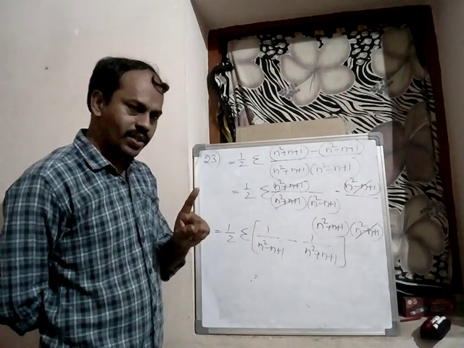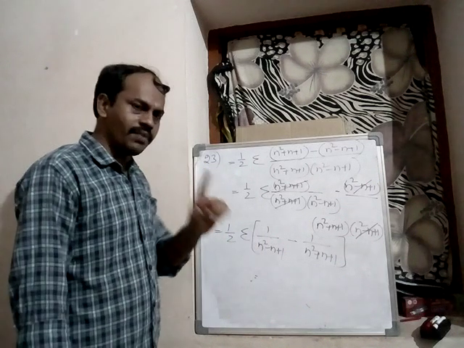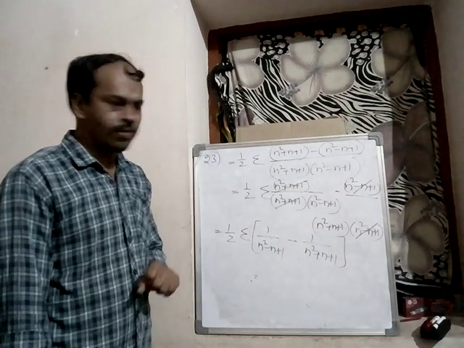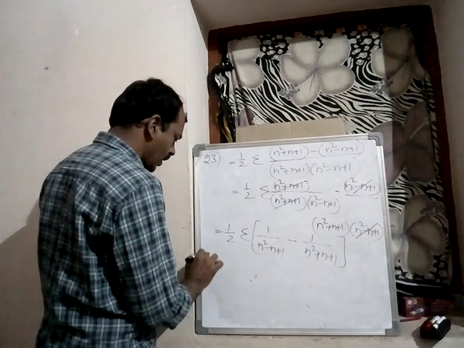If you want the first term, take n equal to 1. If you want the second term, take n equal to 2. Now check it. If n is equal to 1, half into 1 by (1 − 1 + 1) minus 1 by (1 + 1 + 1).